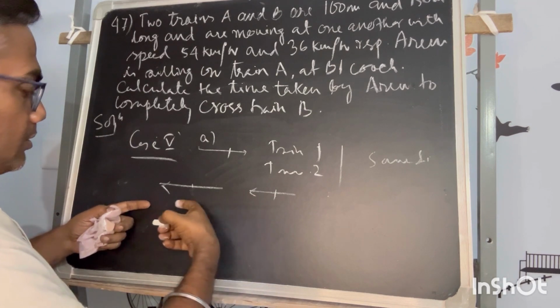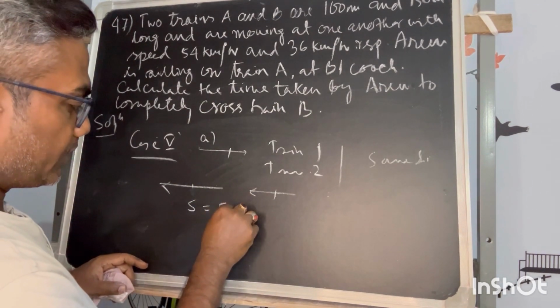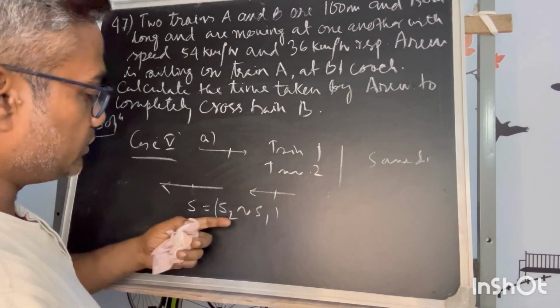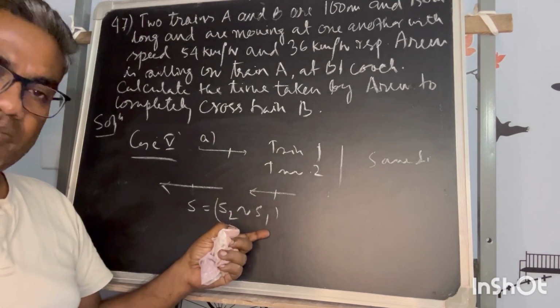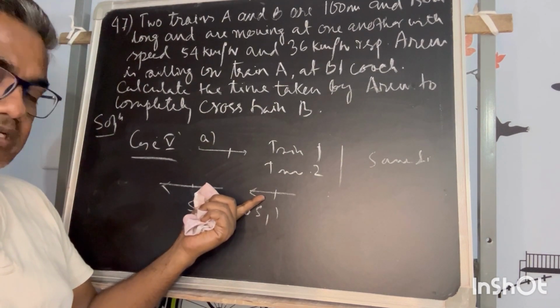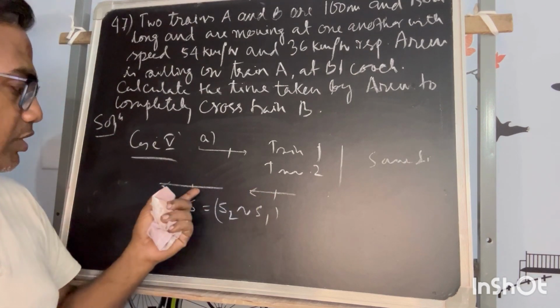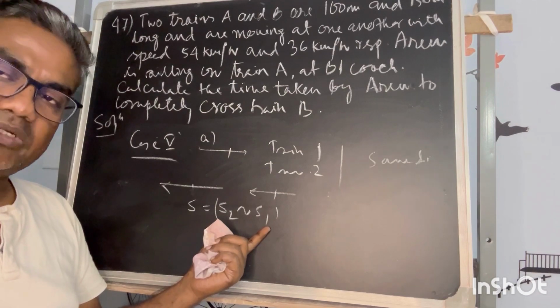So either or. In any case, the speed will be the difference S2 minus S1, because I don't know who has the higher speed, but we have to take higher minus lower. So both conditions can be considered: either he is chasing the train or the train is chasing him. In both cases, the speed will be the difference between the two.